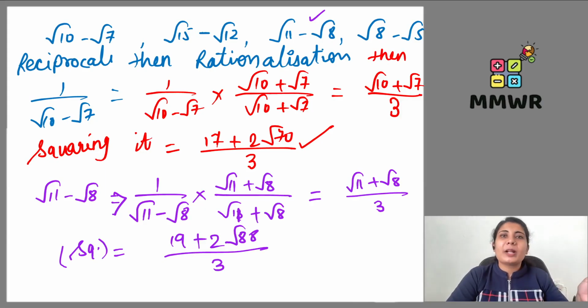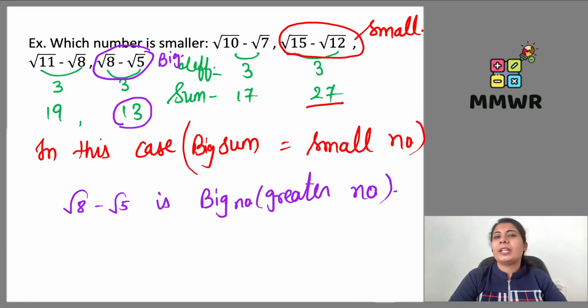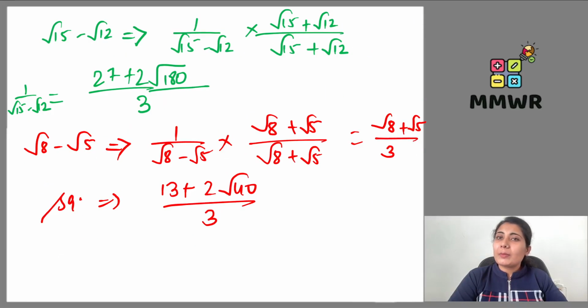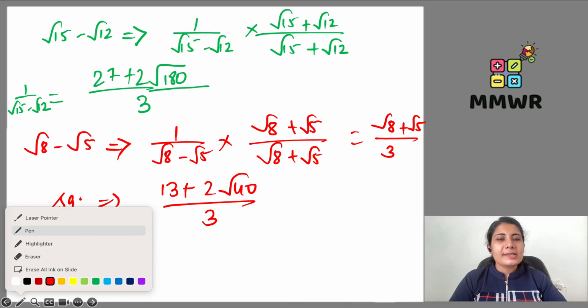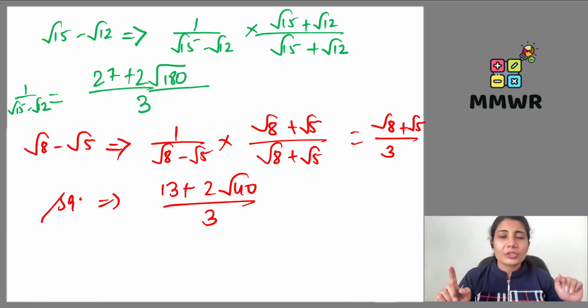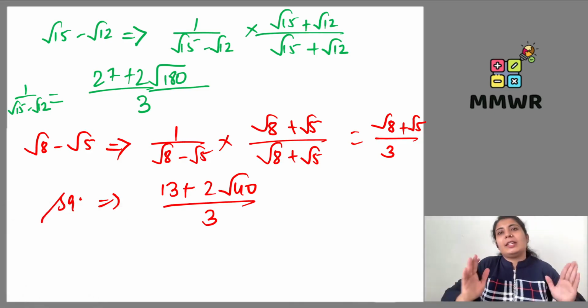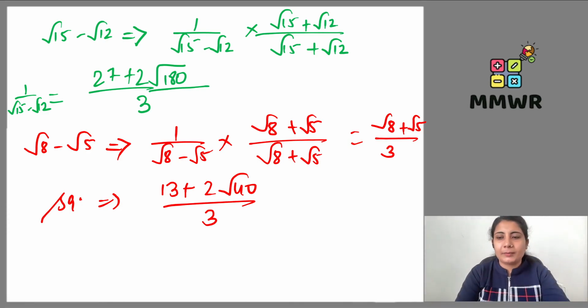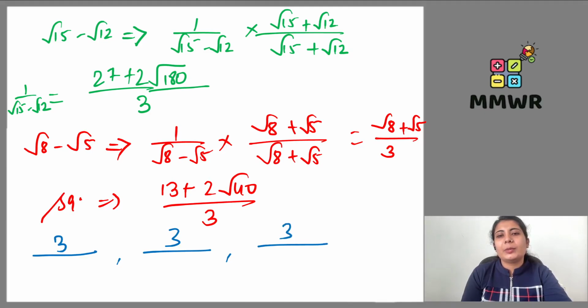So जहां पर सबसे बड़ा denominator है, 27. 27 is the bigger denominator out of all. Value for root 8 minus root 5 is 3 upon 13 plus 2 root 40. So we can see the numerator is the same everywhere, 3, 3, 3, 3, 3 we are getting. So numerator तो same हो गया. तो numbers are 3 upon, 3 upon, 3 upon the numbers which we got at the end.